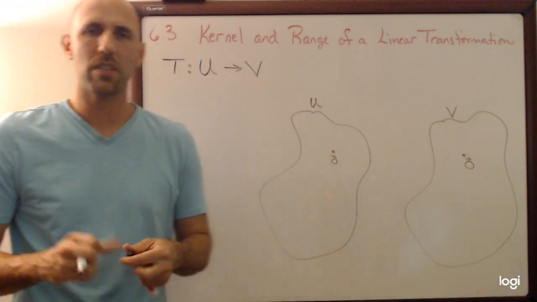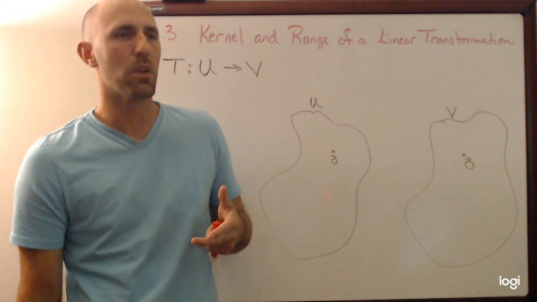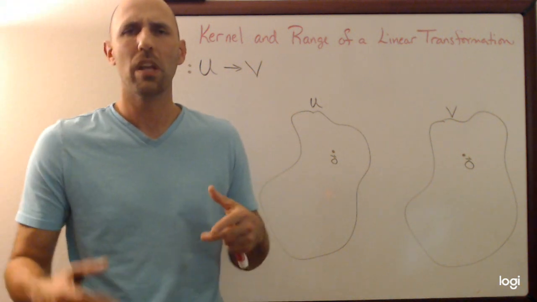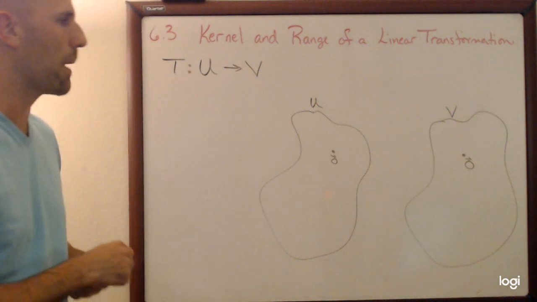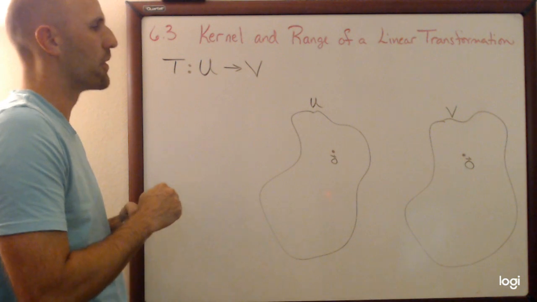So again, the zero vector for the real numbers is the number 0, but the zero vector for, let's say, M2 is, of course, the 2 by 2 matrix where all the entries are 0. That's not the number 0, okay? But they each have their own zero vector.